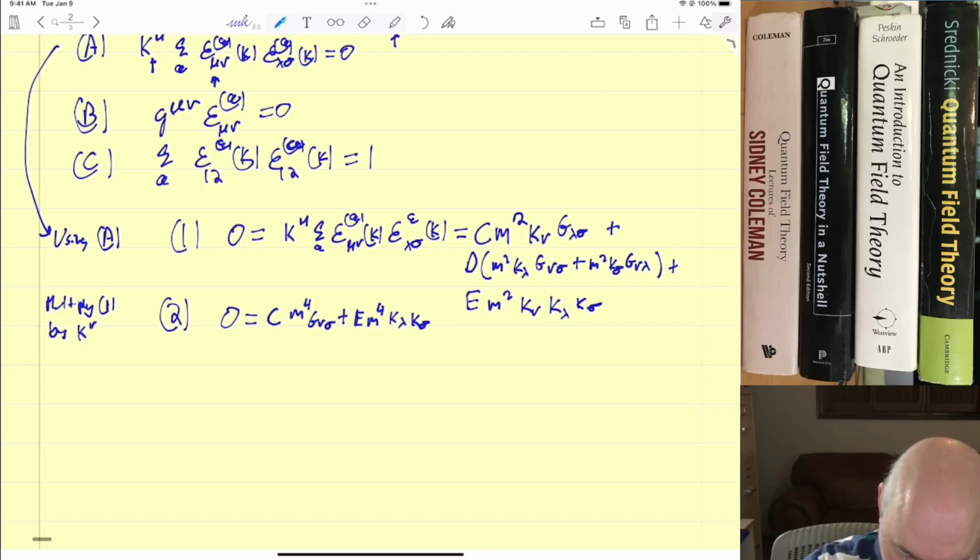Now let's multiply equation 2 by k lambda. We get equation 3. So now we get 0 equals, okay, so this should be a lambda.